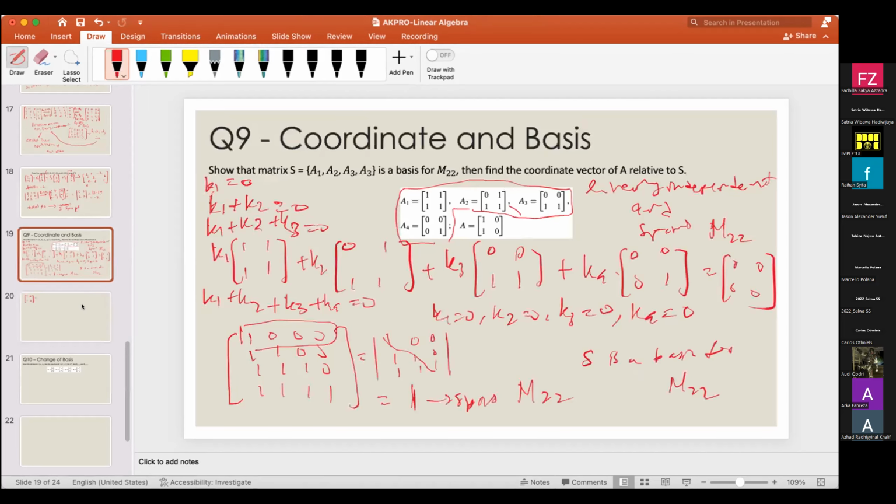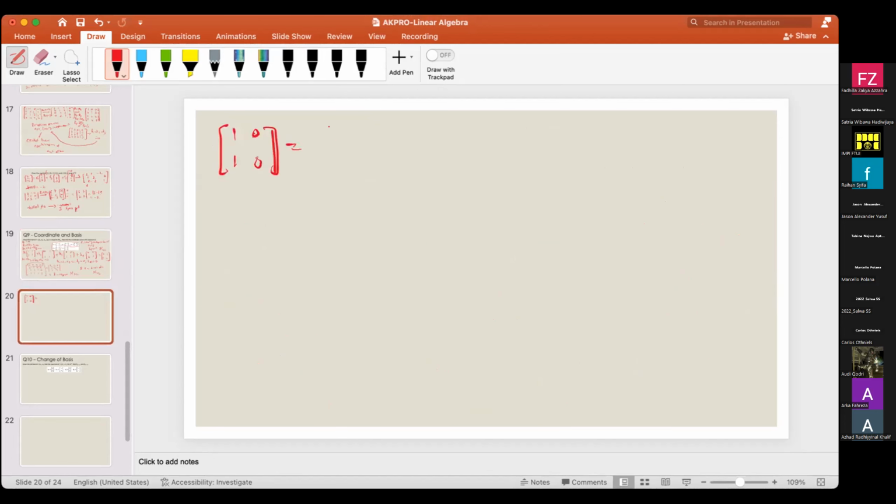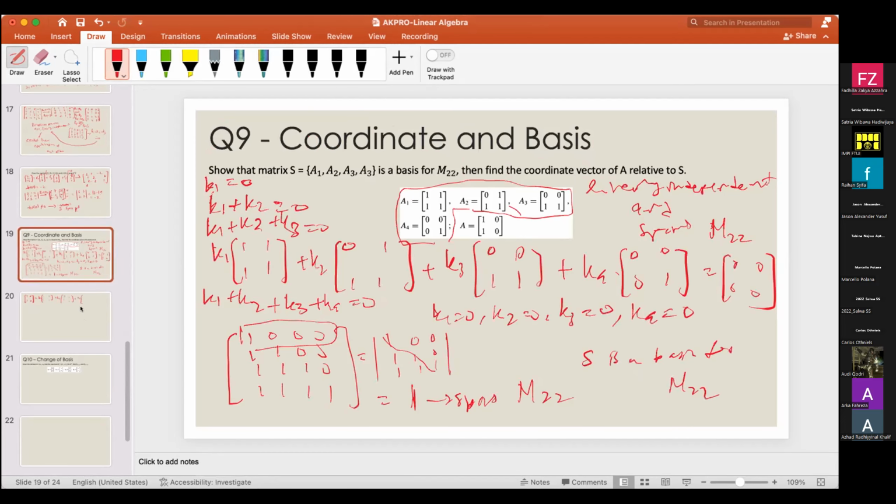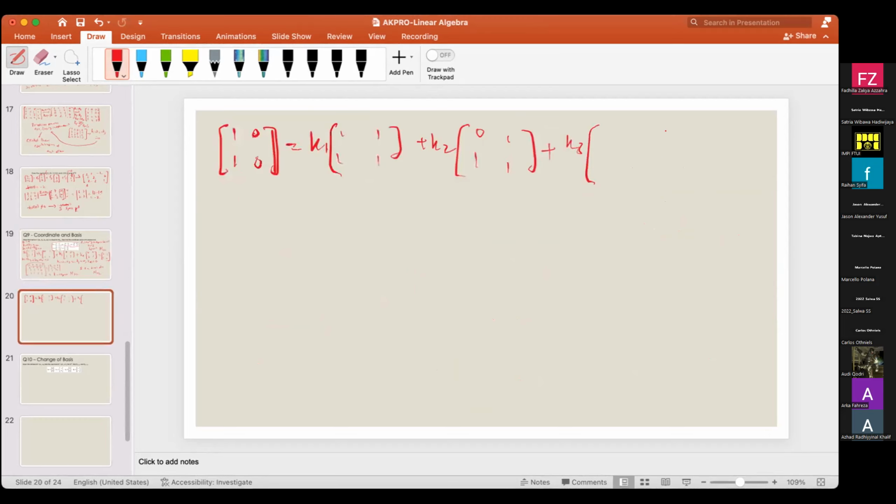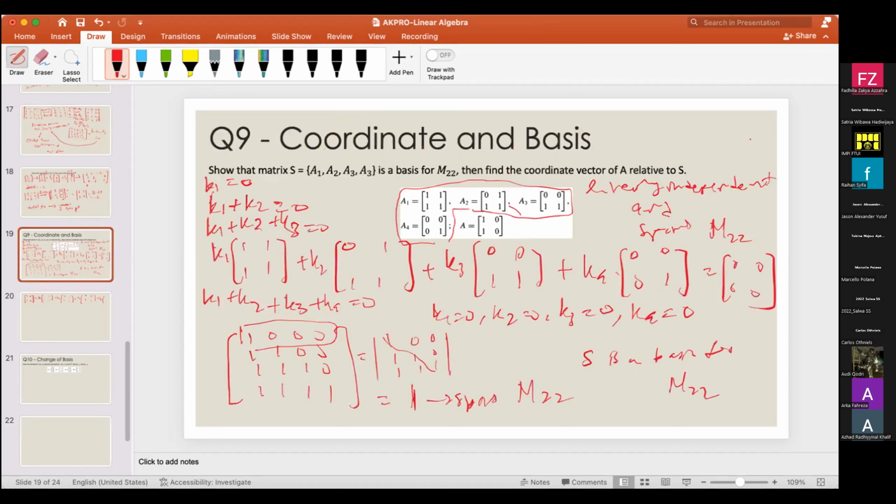So the coordinate vector of A relative to S is K1 times [1, 1; 1, 1], plus K2 times [0, 1; 1, 1], plus K3 times [0, 0; 1, 1], and K4 times [0, 0; 0, 1].